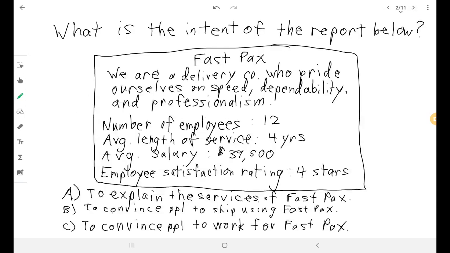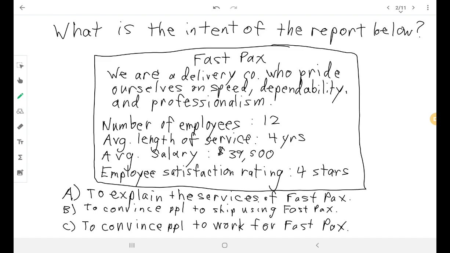All right, so we've got some information here. We've got this company FastPaks, a packing company and a delivery company, and they've got sort of this advertisement, this flyer, a report. It says, we are a delivery company who pride themselves on speed, dependability, and professionalism.